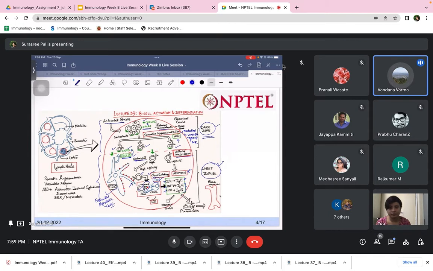I was going through the Cube in that book. B7 is not given as the one interacting with CD28. They've given something else. I think they have given CD80 and CD86. Yes, that is actually renamed as B7 only. Okay, thank you, ma'am.